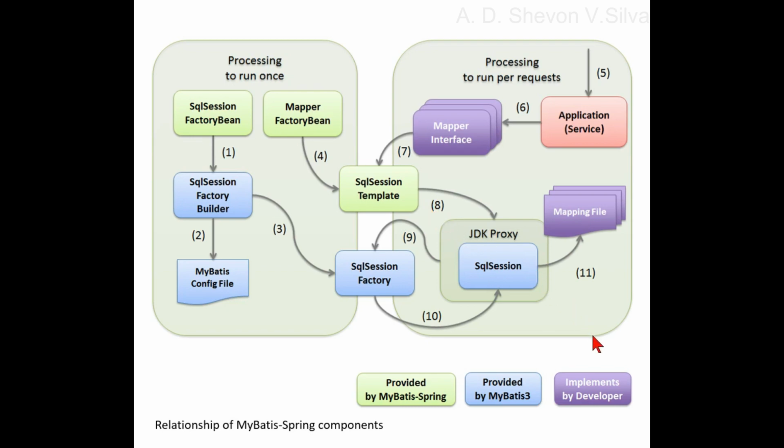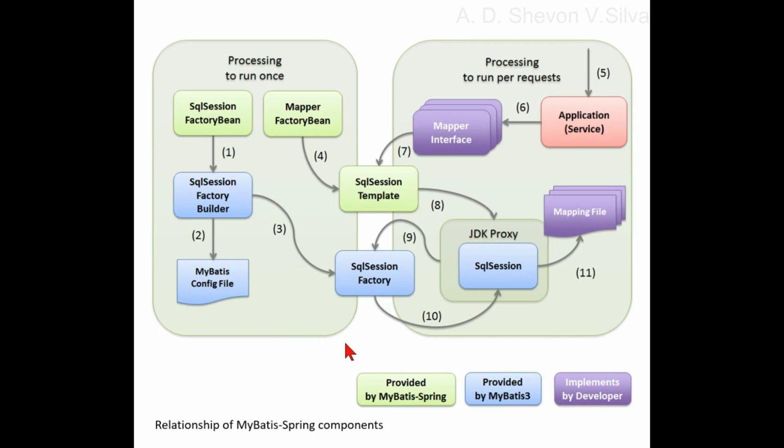And the flow by which the main components of MyBatis-Spring access the database is explained here. Processes that access the database can be broadly divided into two types.